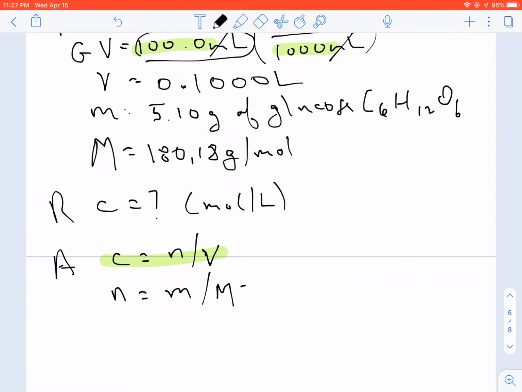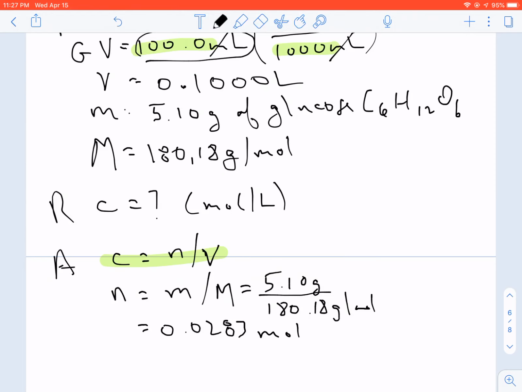If I do the math, I'm just going to work across the page here, it is 5.10 grams divided by 180.18 grams per mole. And I'm getting a number of moles, which is 0.0283 moles. Notice I've kept 3 digits in my answer here, 283, because I had 3 significant digits, 5.10 up there.